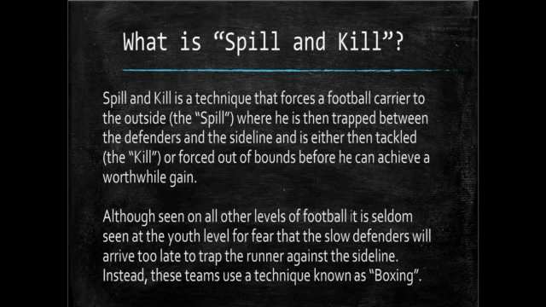And so we've got two ways of controlling where the open space ends. One is to let the runner run into the sideline, where he runs out of open space, and the other is to bring a boxing defensive end upfield and let him run out of open space by running into that player. We're going to talk about running the player into the sideline instead of running him into another player.